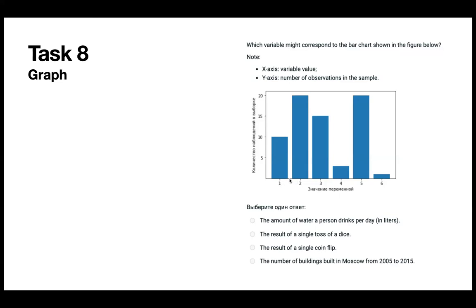So it's just false. The number of buildings built in Moscow from 2005 to 2015. That also can be true, because I guess the number of buildings built in Moscow in that amount of time will be much higher. So the answer here would be the single toss of a dice.